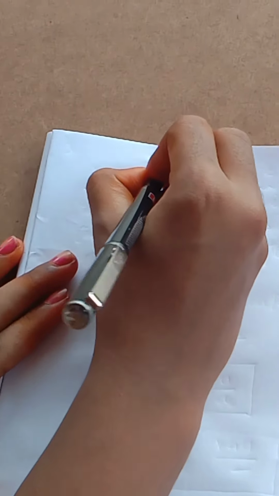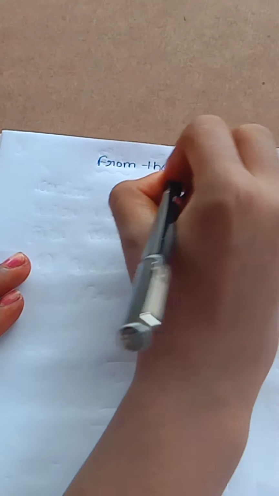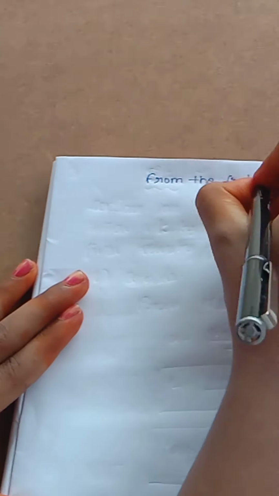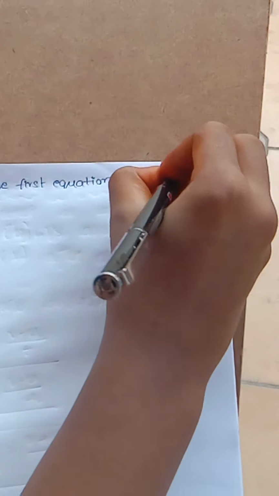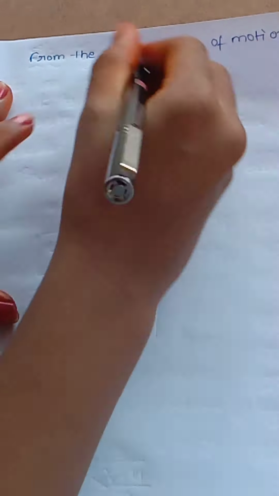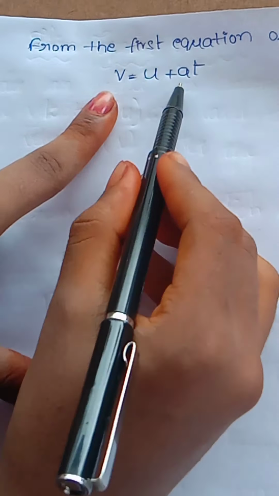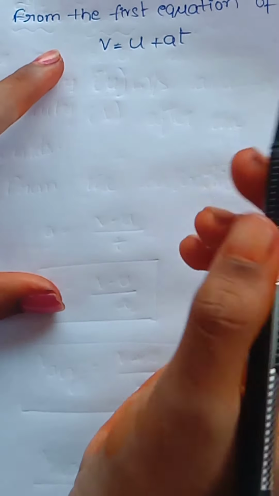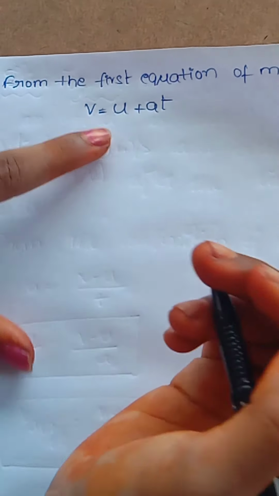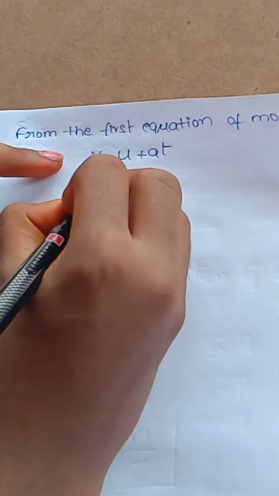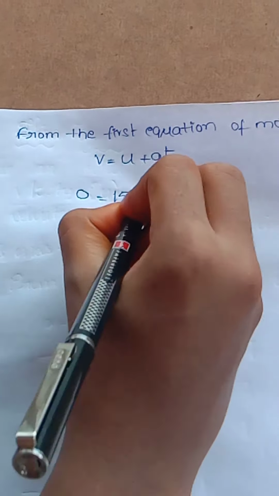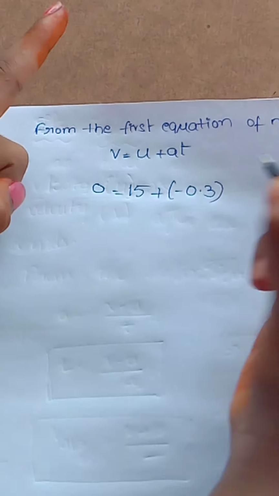To find it, from the first equation of motion, the formula is v is equal to u plus at. Here v means final velocity, u means initial velocity, a means acceleration, t means time. So final velocity is 0, initial velocity is 15, acceleration is minus 0.3, and time we don't know.